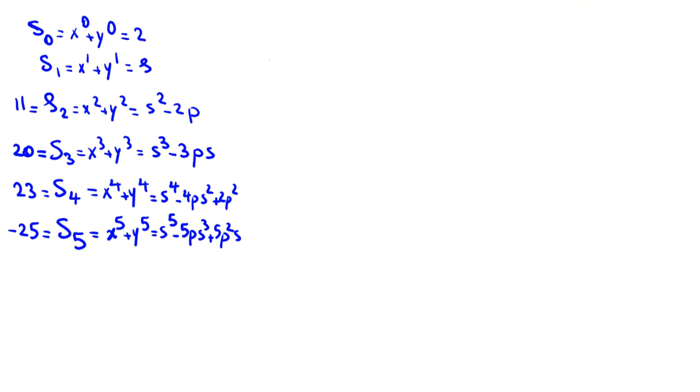Okay, now I want to use these two equations and see, if I want to reach from S3 to S4, so if I multiply s by S3, then sS3 will be what? It will be S4 minus 3ps squared. So I want to reach S4. So I say sS3, I have this one, minus 4ps squared, here I have this.